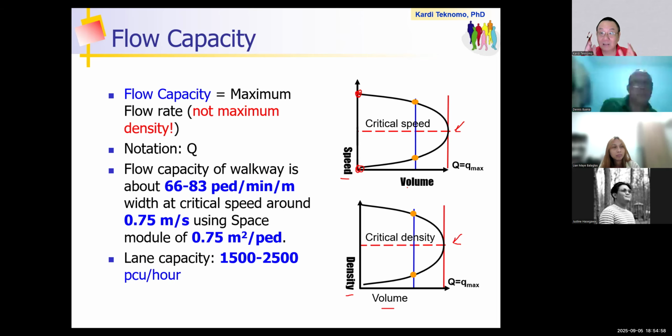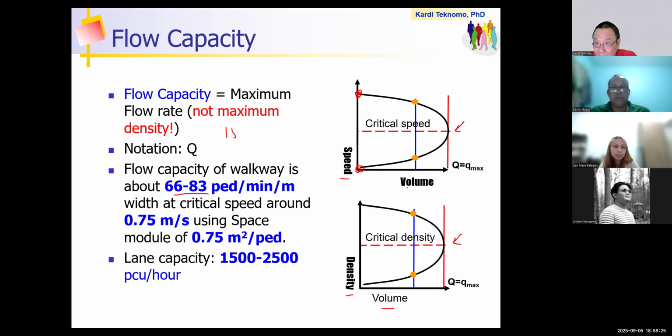That is capacity. For pedestrian, typically around this value. For car, typically around 1,800 to 2,500. Okay, clear? For cars, in PCU, so I will put it this way.